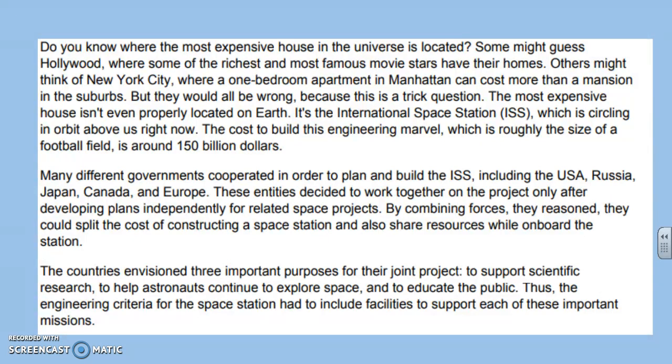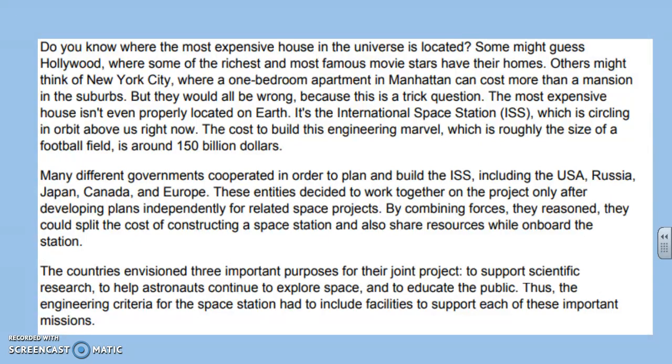Others might think of New York City, where a one-bedroom apartment in Manhattan can cost more than a mansion in the suburbs. But they would all be wrong, because this is a trick question. The most expensive house isn't even properly located on Earth. It's the International Space Station, which is circling in orbit above us right now. The cost to build this engineering marvel, which is roughly the size of a football field, is around $150 billion."